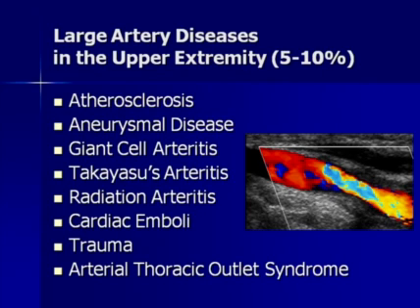Some of them include, as I said, atherosclerosis, but also various types of arteritis, embolic disease, traumatic disease, and thoracic outlet. These are problems in the large upper extremity arteries, and it only accounts for 5 to 10% of the patients.